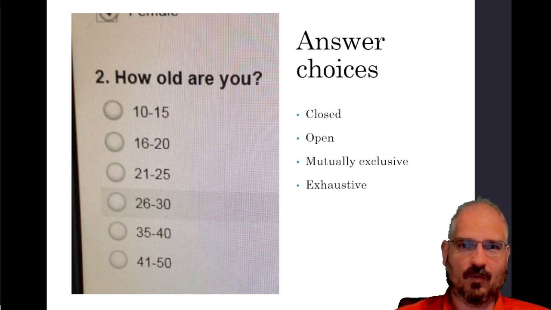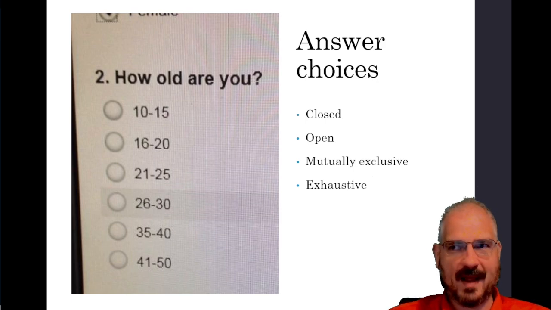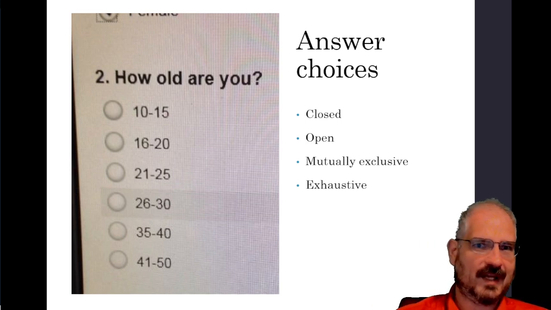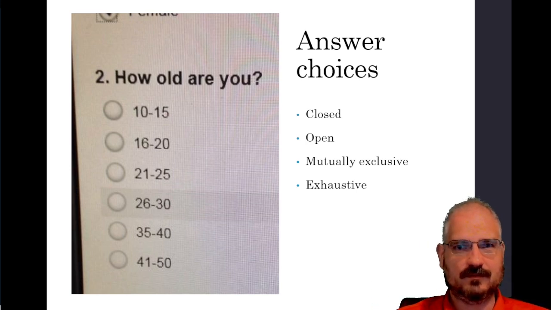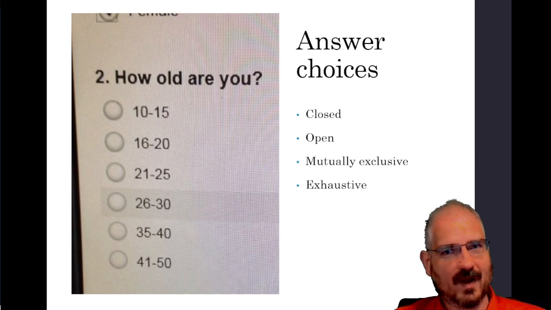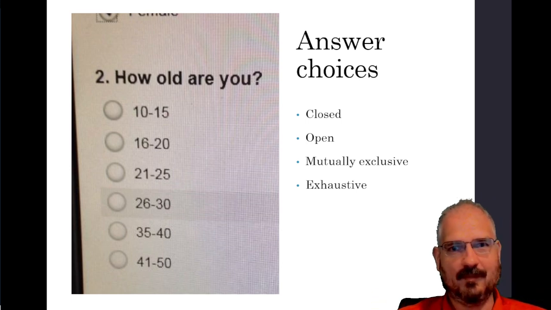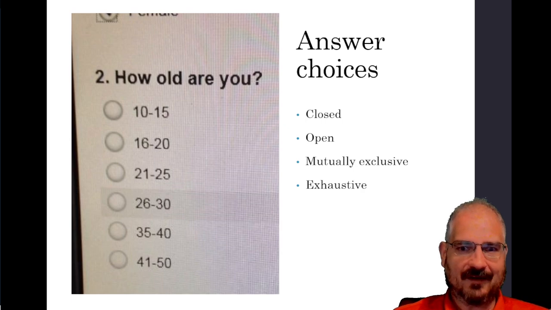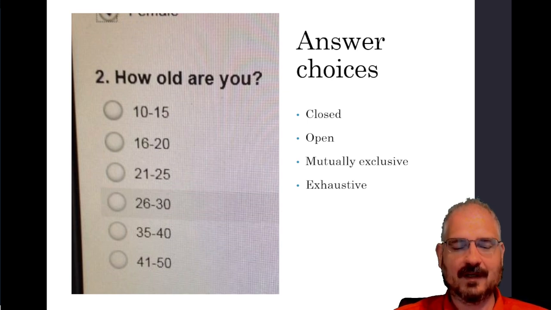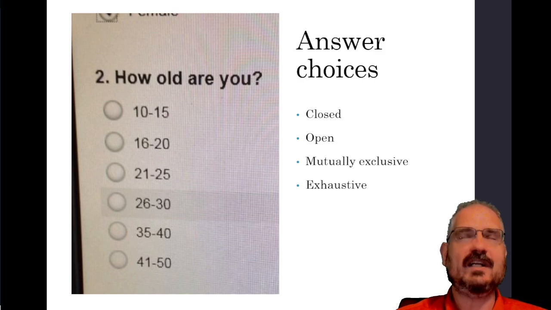And they provide white, black, Hispanic, Asian, etc. And one of my parents is white and one of my parents is Asian. Well, I now have 2 answer choices that are perfectly correct because I am both white and Asian, or I am both black and Hispanic, or something like that. So if I have 2 answer choices that are equally correct and I have to pick one of them, then that question's answer choices are not mutually exclusive.